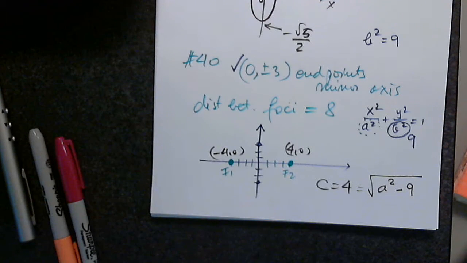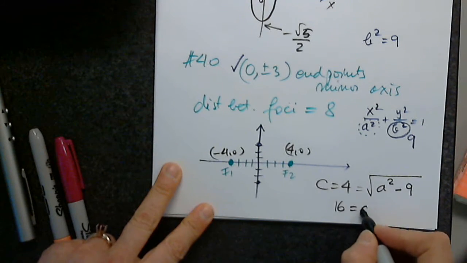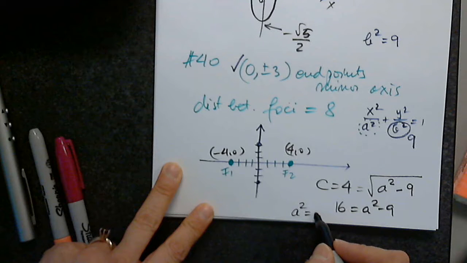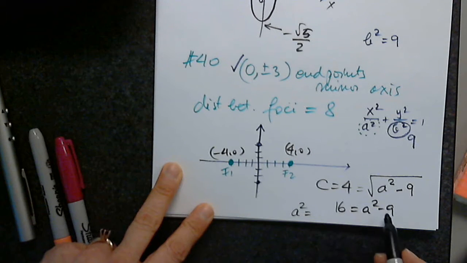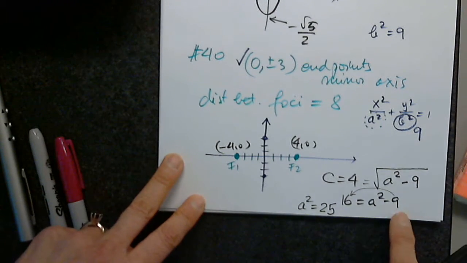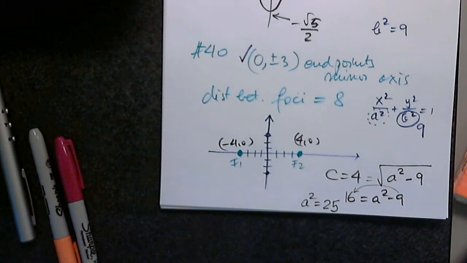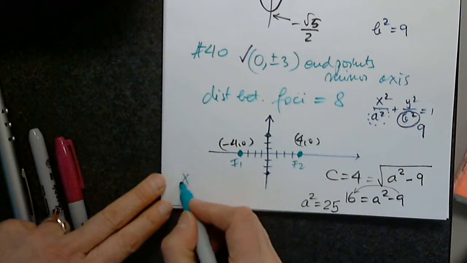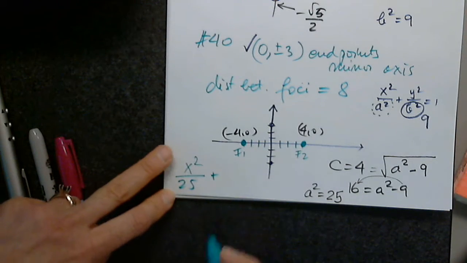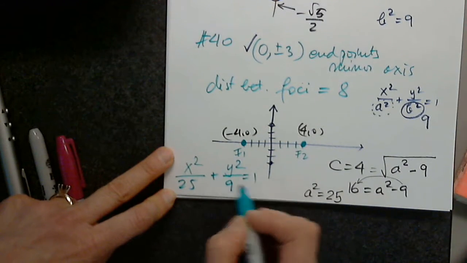Since I know that this is 4, then I have 16 equals a squared minus 9. So therefore, a squared must be 25. Very good. Right? Okay. So can anyone give us the equation then? Yes? X squared over 25, plus y squared over 9 equals 1.